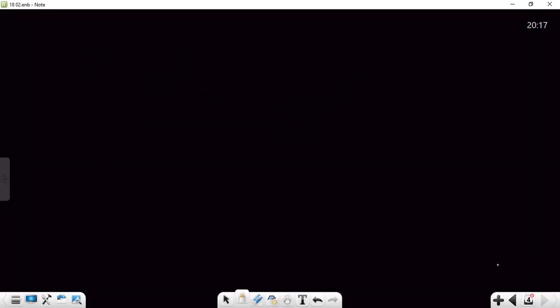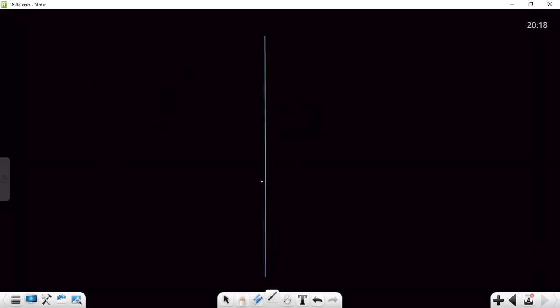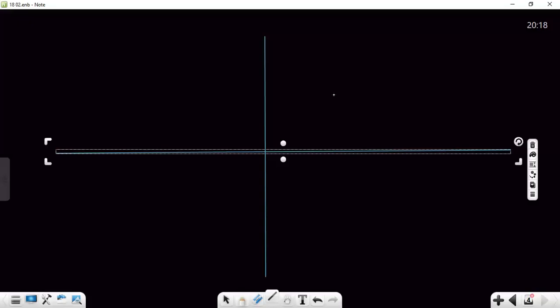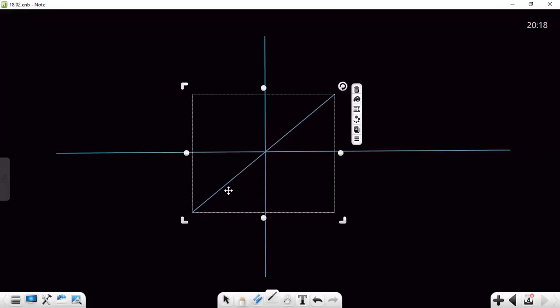Okay, so let's understand using an example of our Cartesian system. X-axis, y-axis, and z-axis.